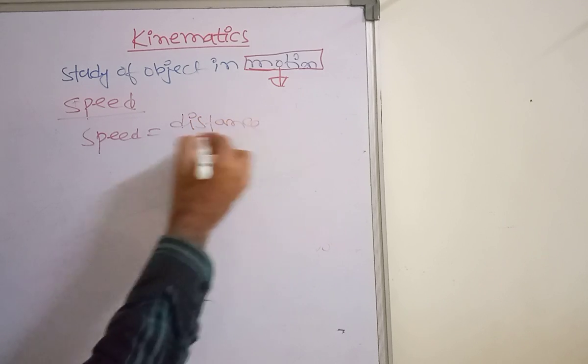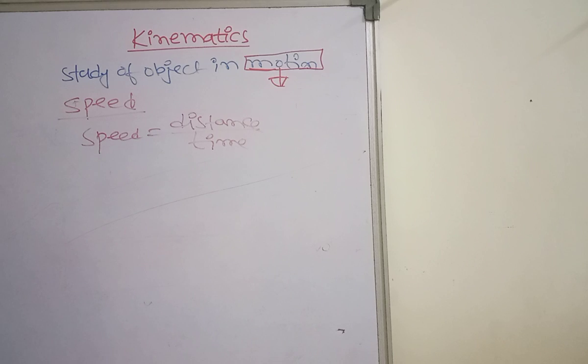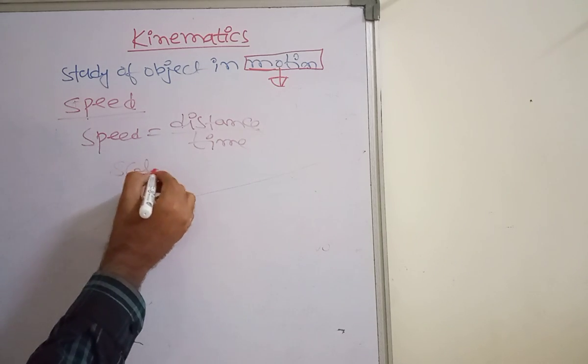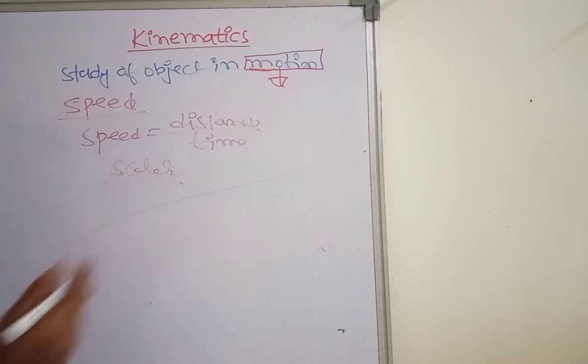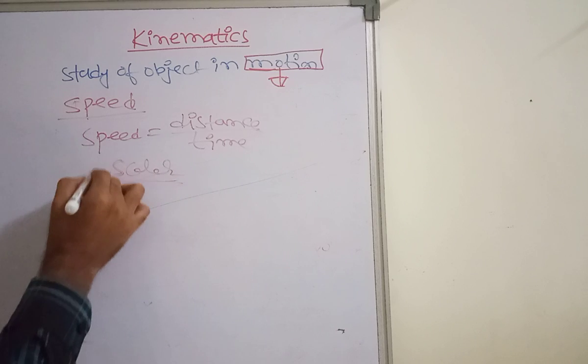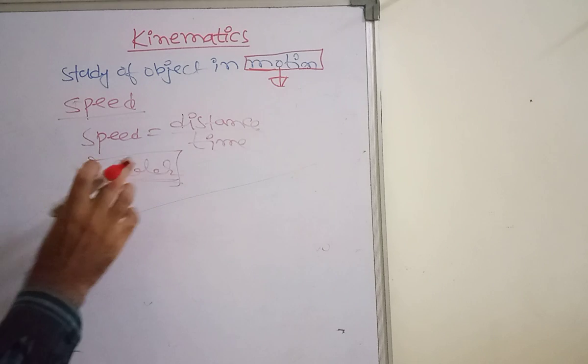Speed is a scalar quantity. Here we are not including direction in speed, only values. Speed is always positive. It cannot be negative.